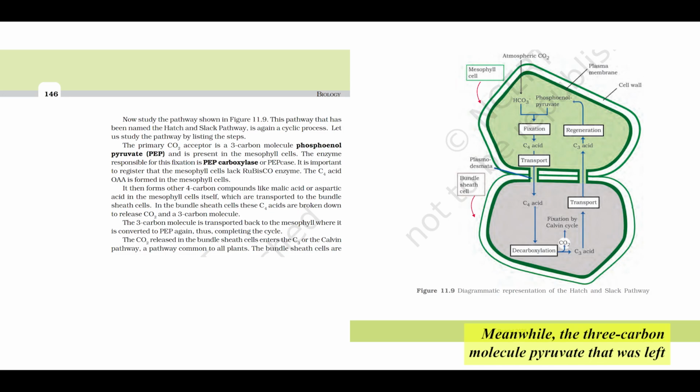Meanwhile, the 3-carbon molecule pyruvate that was left after decarboxylation is transported back to the mesophyll cells. In mesophyll cells, this pyruvate is converted back to PEP using ATP in the process. This regenerates the initial CO2 acceptor, completing the C4 cycle and allowing it to continue. So the key takeaway: C4 plants use a clever spatial separation of steps.